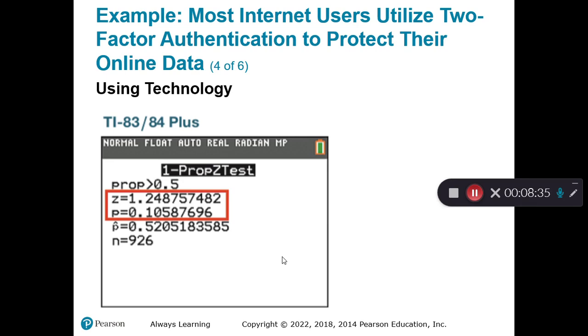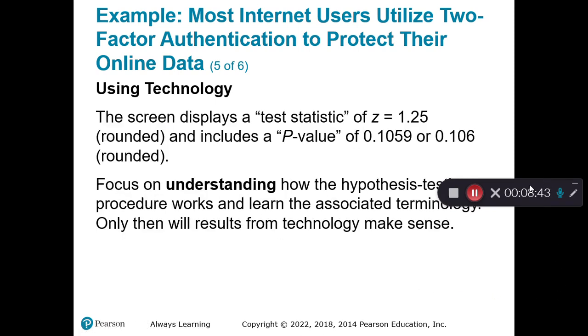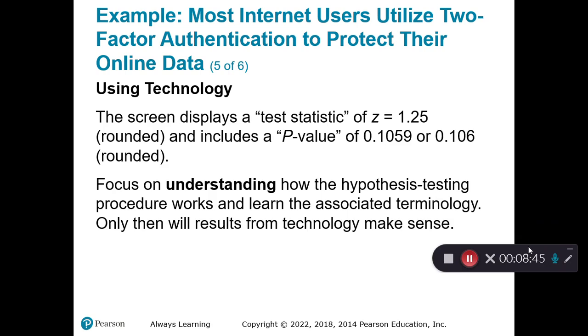But this is just a quick snapshot of what your calculator could give you if you used it to run a hypothesis test. Of course, the emphasis is always on making sense of those calculations. So the screen here displayed a test statistic of z equals 1.25 if we round that z-score to 2 decimal places. And it also gave us a p-value of 0.1059.